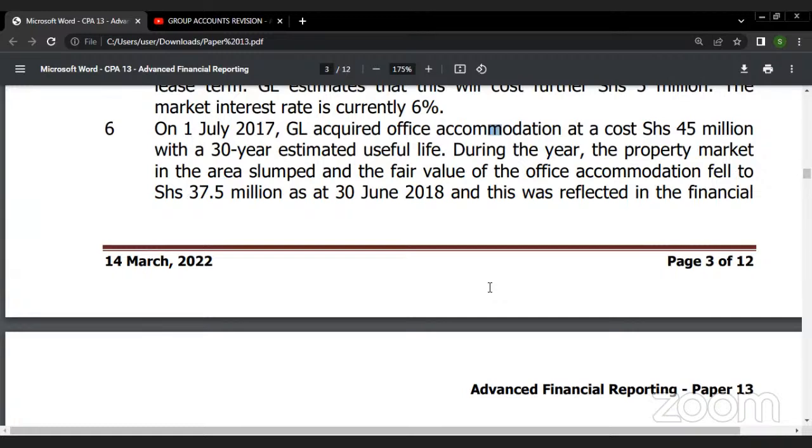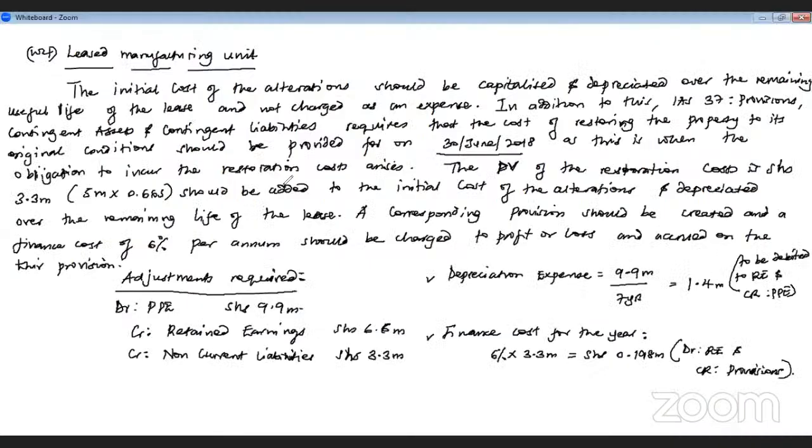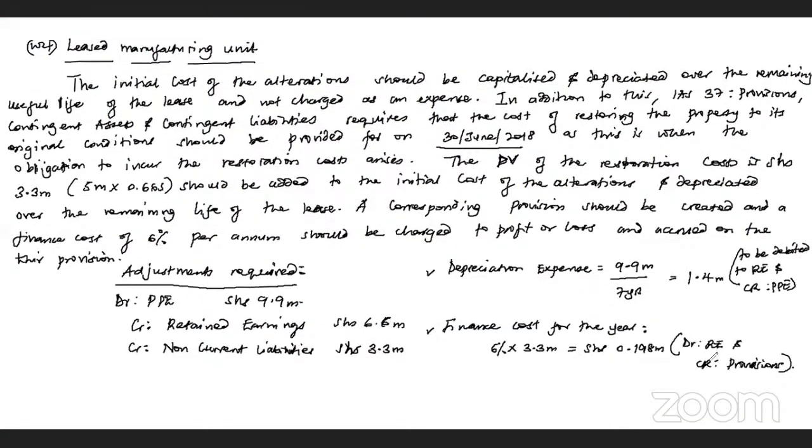So we have to apply IAS 36 as well as IAS 16. Let us calculate the impairment loss and then also calculate the revaluation gain on the second revaluation, and then we'll see how we should treat this in our consolidated financial statements.